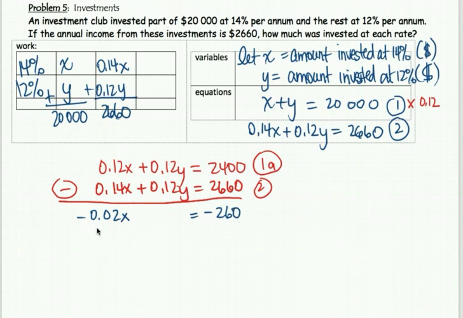And then you're going to take this and boot it over. Remember the negative comes with it because we're just dividing it away. And then negative and negative makes a positive.